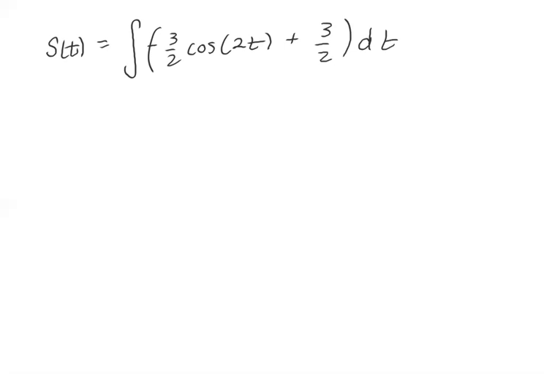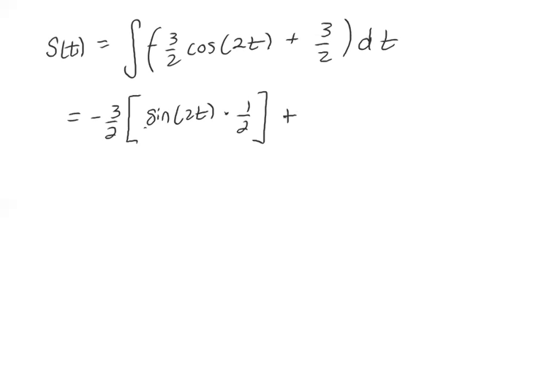I'm going to apply my rules of antiderivatives. This is equal to that constant of negative 3/2. And then in a very similar manner to how we found the antiderivative of the sine of 2t, the antiderivative of the cosine of 2t is equal to the sine of 2t divided by 2, or times 1/2, if you prefer.